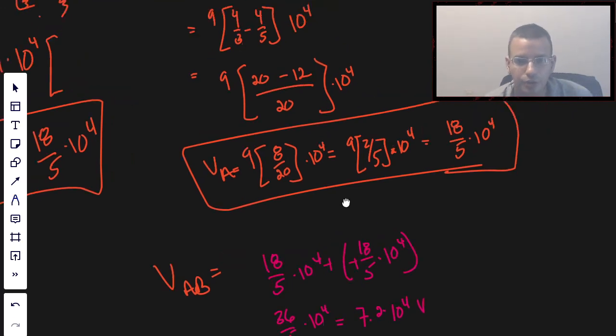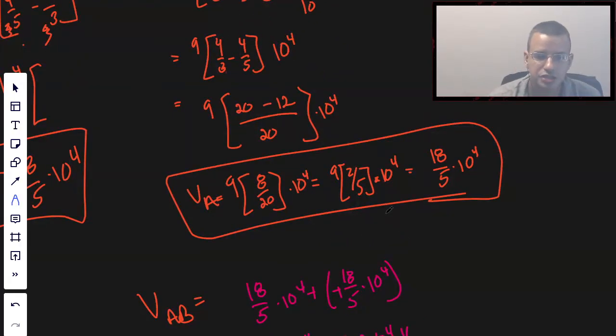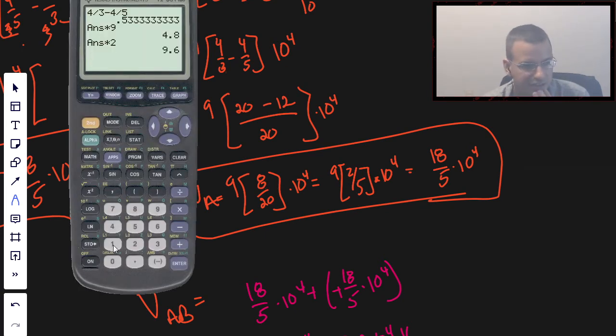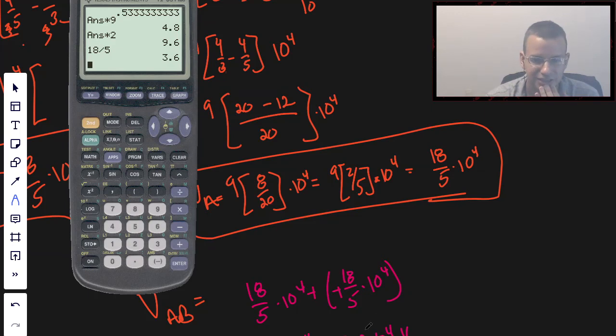So I think I made a mistake here somewhere. 2/5, 18/5. Let's see what 18 divided by 5 is. 3.6. I should have gotten 4.8.